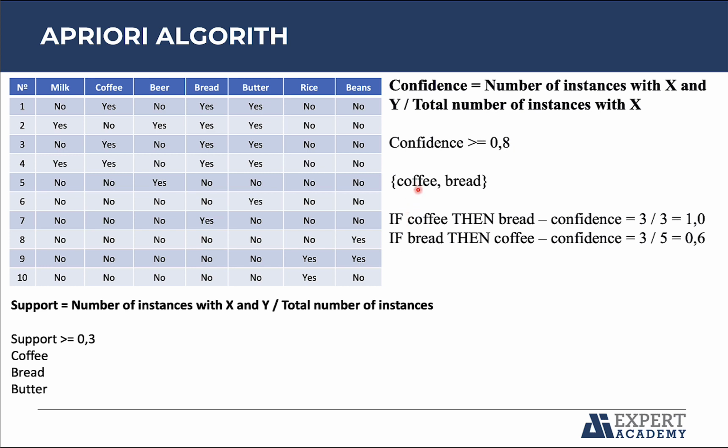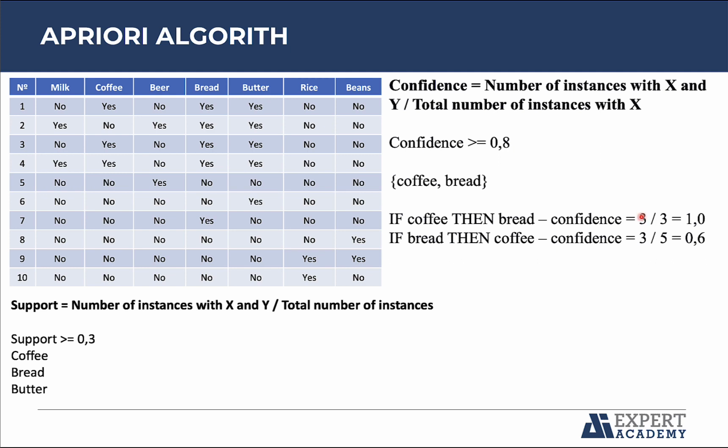Now we can create rules considering both attributes. For example, if coffee, then bread. We can interpret this rule as follows. If coffee is bought, then bread is also bought, and the confidence is equal to 100%.